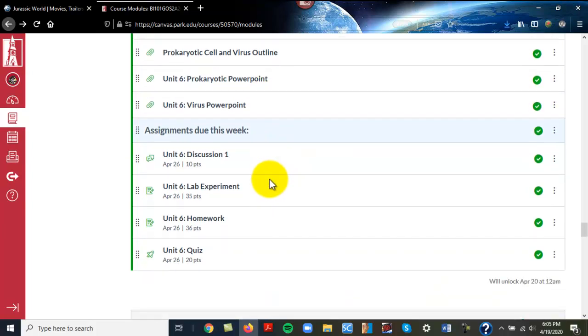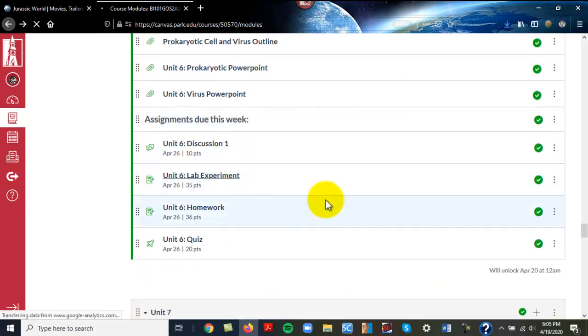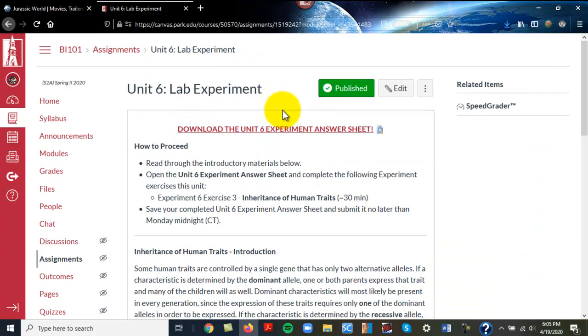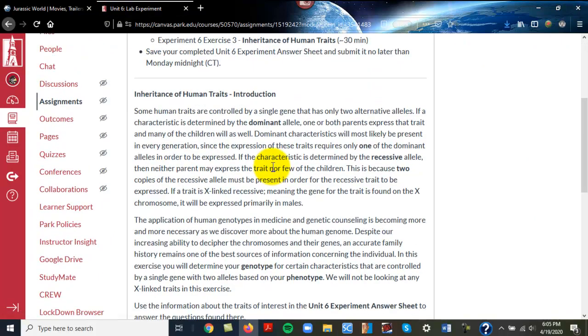Here are the PowerPoints. On your lab experiment, there'll be a video up here, but you're basically going to go through and figure out if you have some dominant or recessive traits. And there are terms like homozygous dominant, homozygous recessive, which means you got the same alleles, either dominant alleles or recessive, and then you have heterozygous dominant, which is a dominant and a recessive allele.